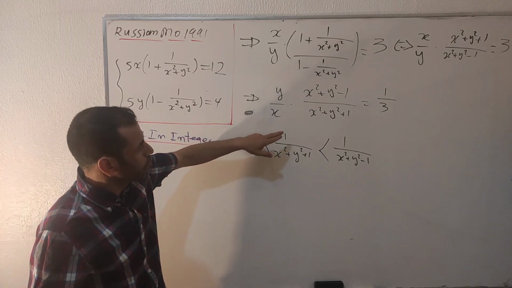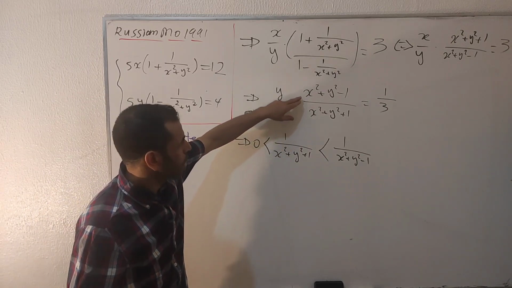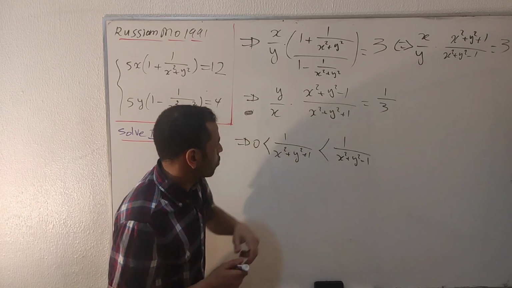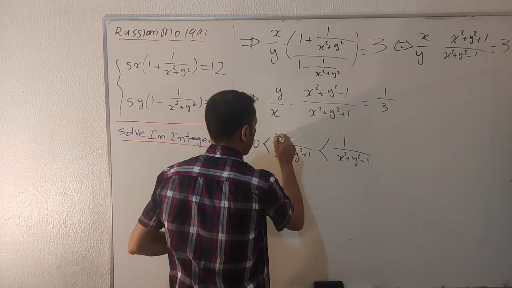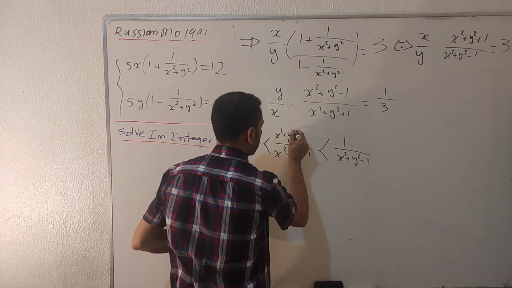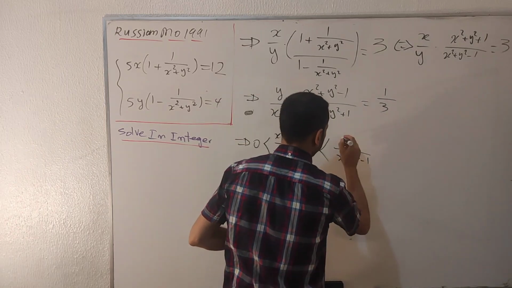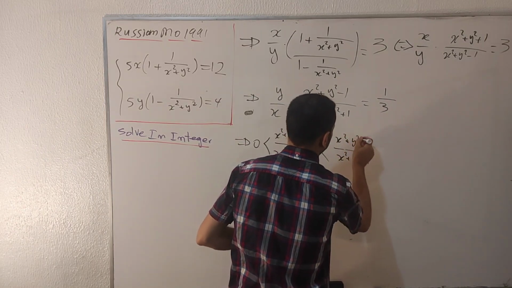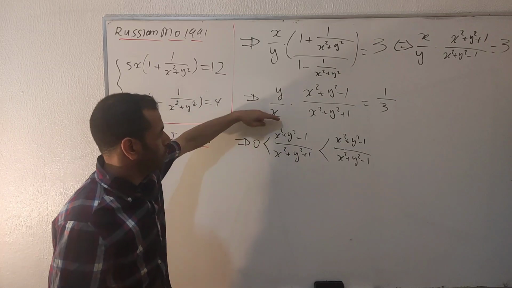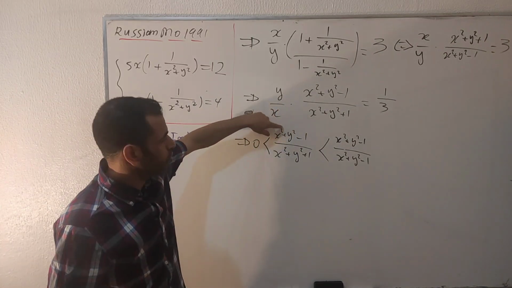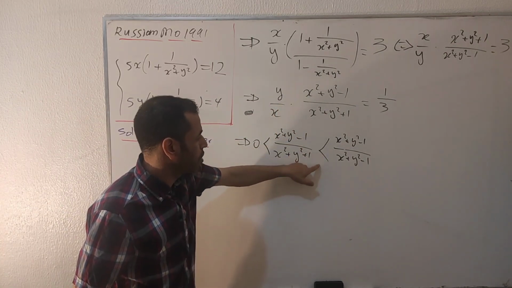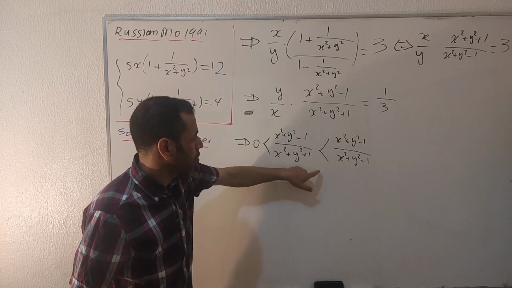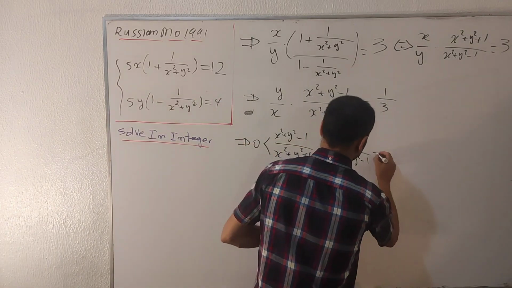So next thing up, I'm going to multiply both sides by x squared plus y squared minus number 1. I will get x squared plus y squared minus number 1 here, and here I get x squared plus y squared minus number 1. Keep in mind this number is positive, so we must keep the inequality unchanged. This one equals 1.